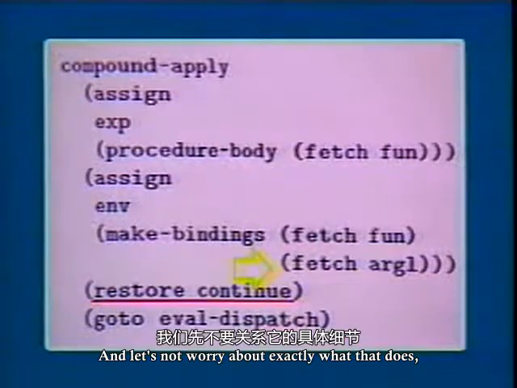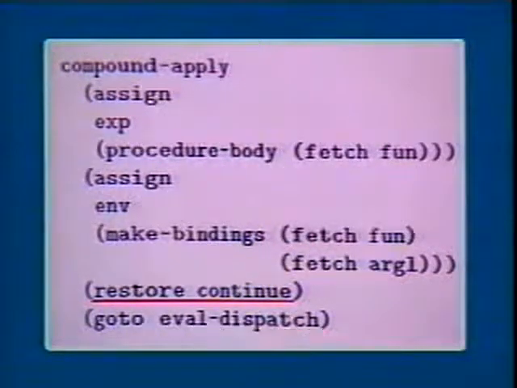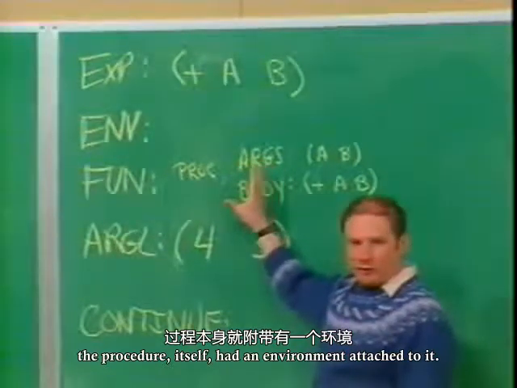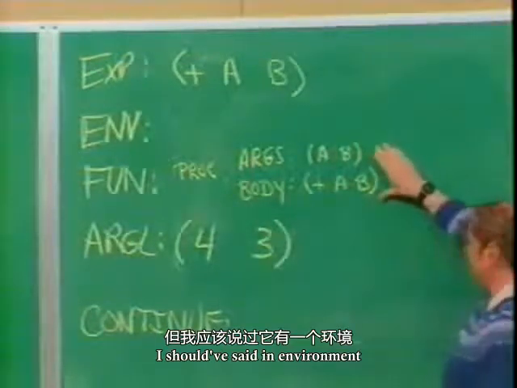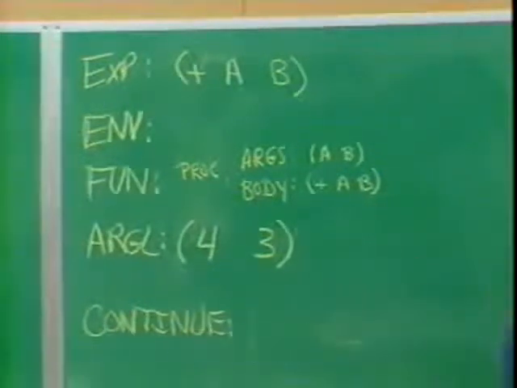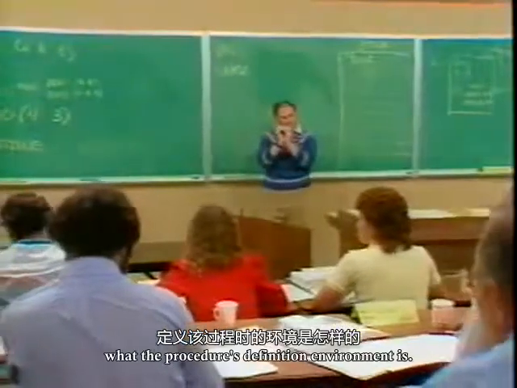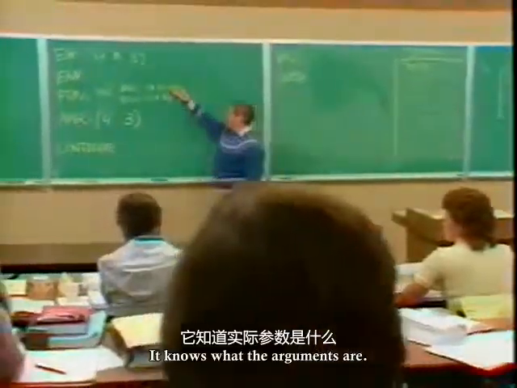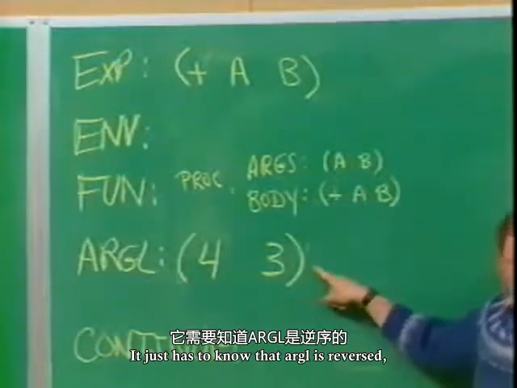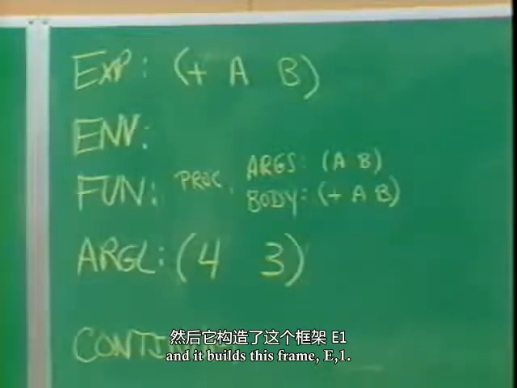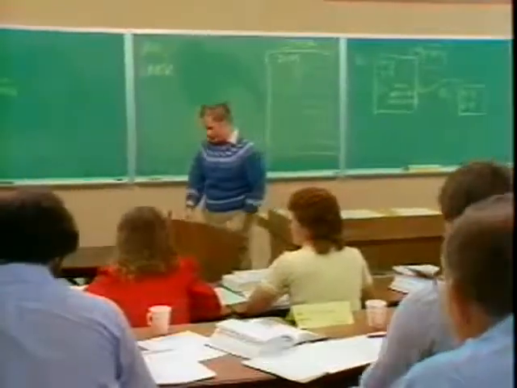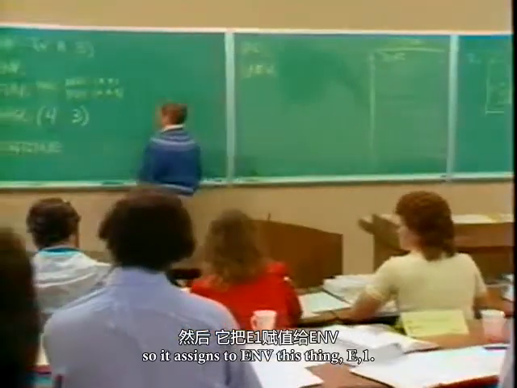Let's not worry about exactly what that does, but you can see the information's there. So make bindings will say, oh, the procedure itself had an environment attached to it. I should have said in environment, because every procedure gets built with an environment. So from that environment, it knows what the procedure's definition environment is. It knows what the arguments are. It looks at argl, and you see a reversal convention here. It just has to know that argl is reversed. And it builds this frame E1. Let's assume that's what make bindings returns, so it assigns to env this thing E1.